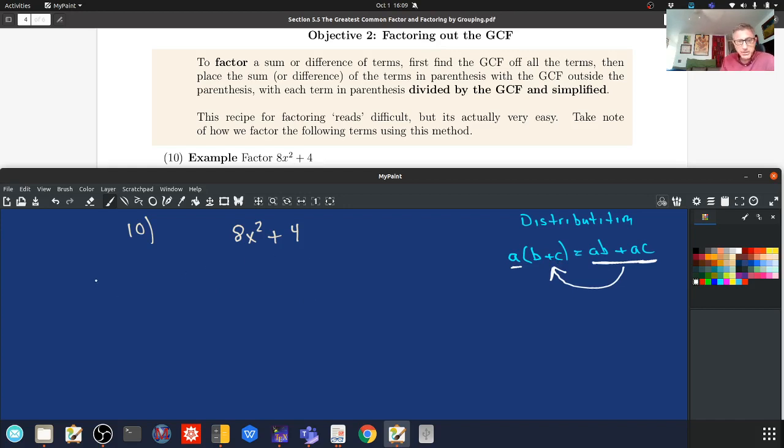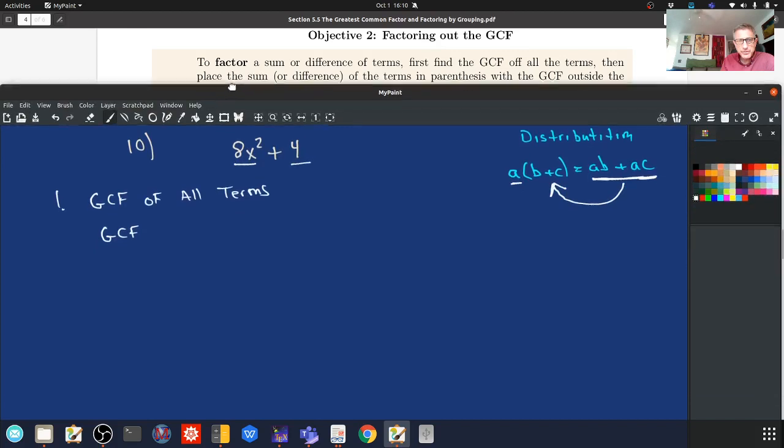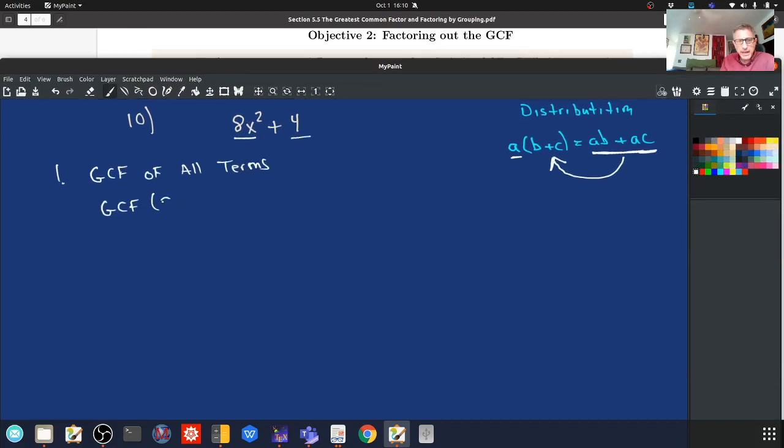So the first thing we do now is we find the GCF. This is two terms. This is term 1 and this is term 2. The GCF of all terms. That's the first thing we do. So we want to find the GCF of 8x squared and 4.